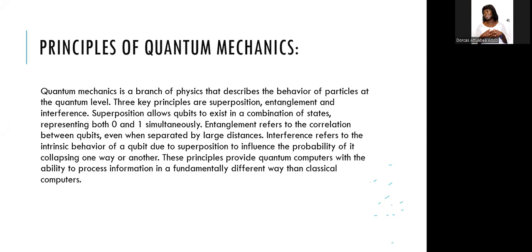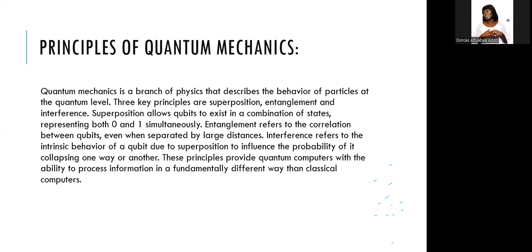So the three key principles in quantum mechanics are superposition, entanglement, and interference. Superposition is what we already described, saying that it allows qubits to exist in a combination of states representing both 0 and 1 simultaneously. Entanglement refers to the correlation between qubits even when separated by large distance.